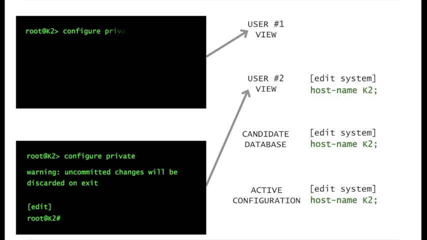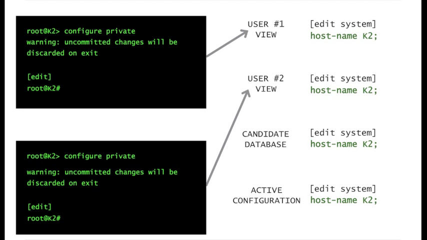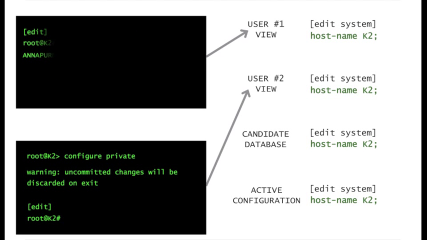Now user 1 enters private configuration mode again, getting a fresh private view of the active configuration. User 1 sets the host name to Annapurna and commits the changes.